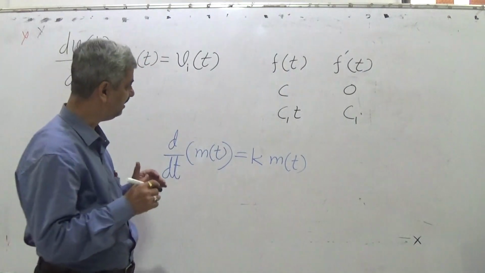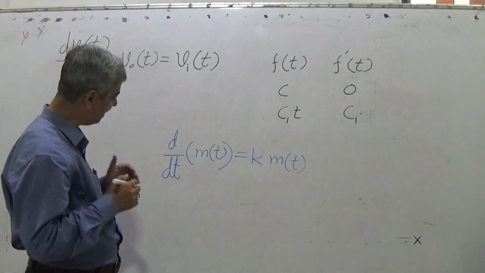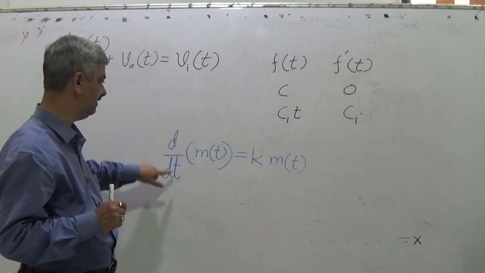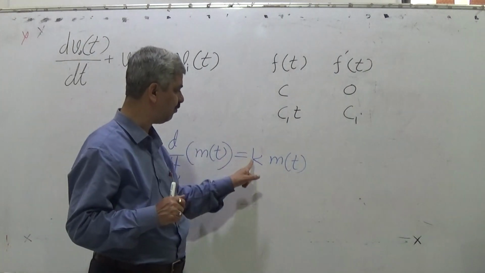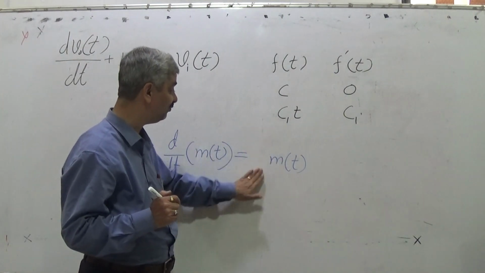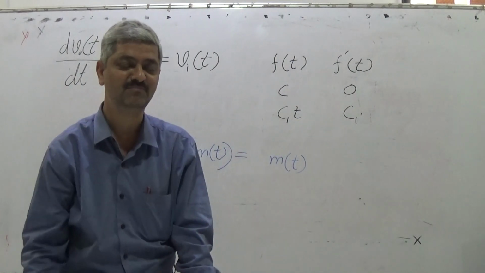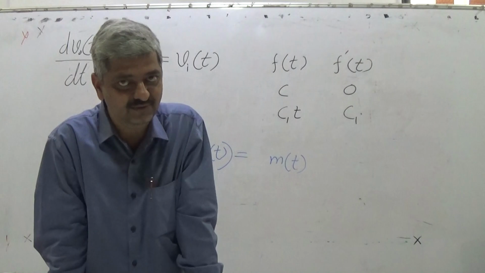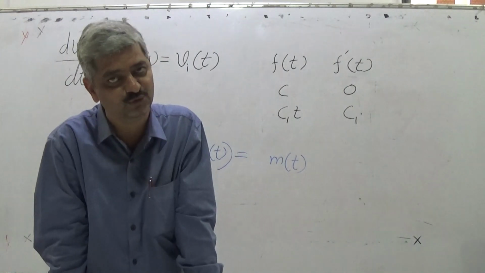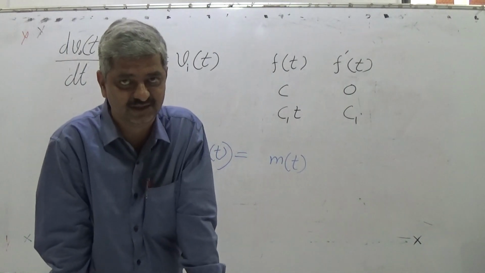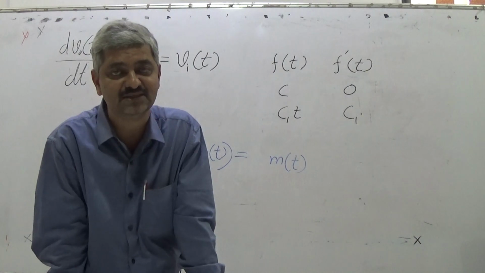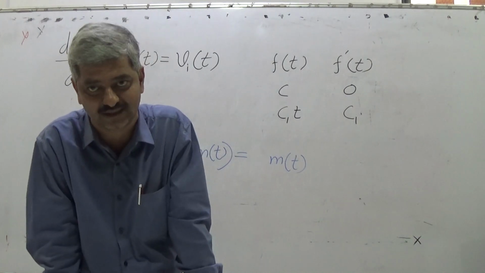First of all, I should be finding that function. Derivative is scaling. And what if k is equal to 1? It is a super magical function, that function for which f(t) and f dash t are equal.